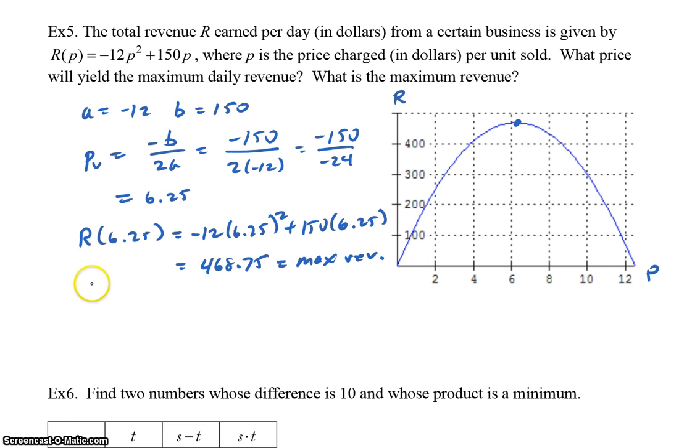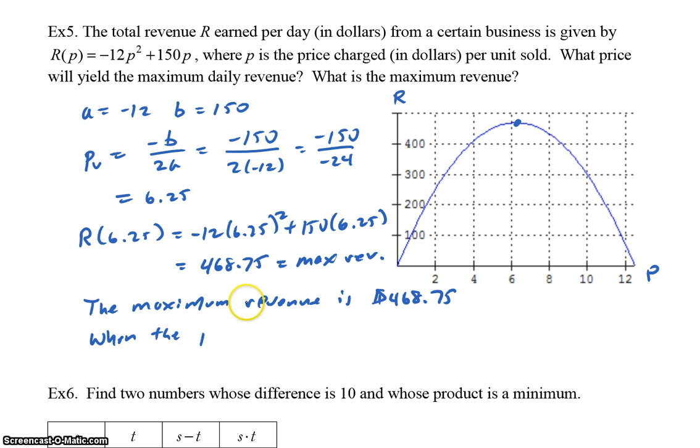So to conclude, we can say the maximum revenue is $468.75 when the price per unit is $6.25.